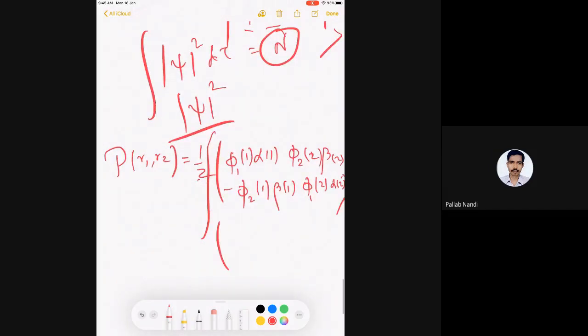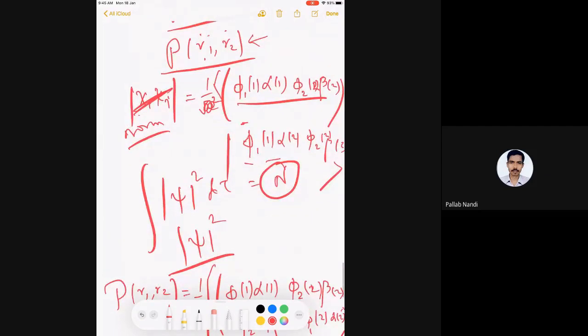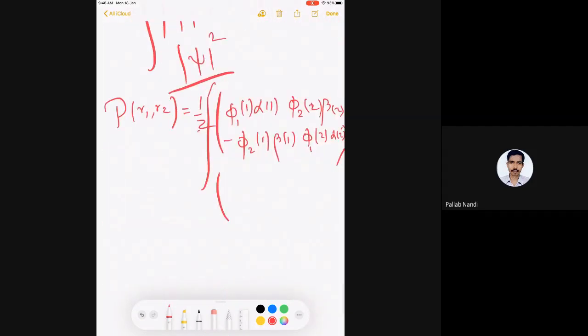Into, I take the same term again, mod psi square, right? But this is the conjugate. If you want, I can write all the stars, but I hope it's clear. The left side is the conjugate. The right side, I'm going to write again the same term: phi 1(1) alpha(1) phi 2(2) beta(2) minus phi 2(1) beta(1) phi 1(2) alpha(2).